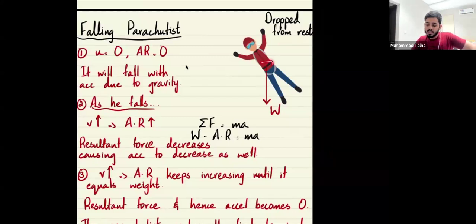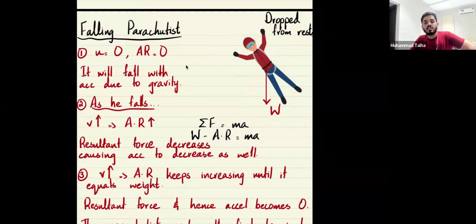So if it's dropped from rest, all you are expected to know in AS regarding resistive forces, such as drag and air resistance, is that it varies with speed. So if there is no speed at this moment, there is also no air resistance and it just falls with acceleration due to gravity.